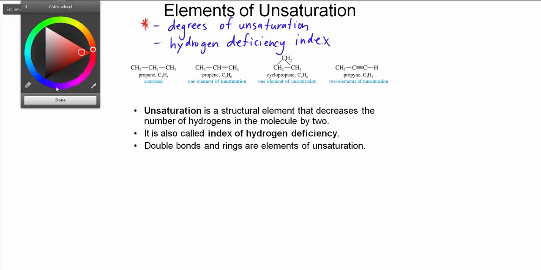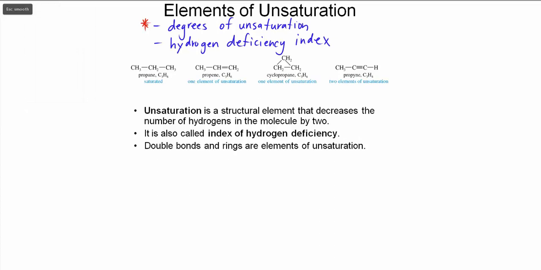Now, to think about what degrees of unsaturation is, recall for a saturated alkane, all single bonds, we had the formula CnH2n+2.